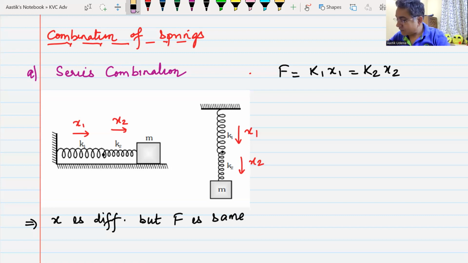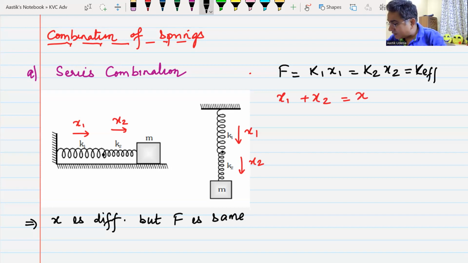Now if I say that x1 plus x2 is the total displacement x, now I can write this. These are the three equations that you have to remember. This can be written as k effective multiplied by x. Do we understand this? Yes, sir.